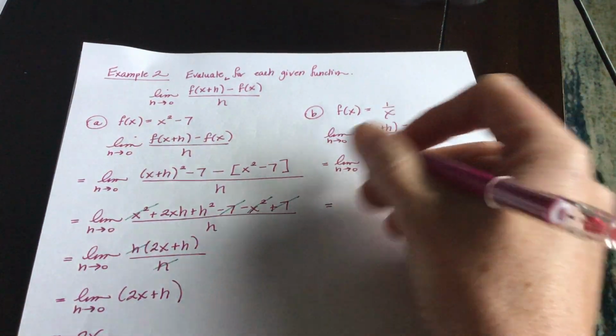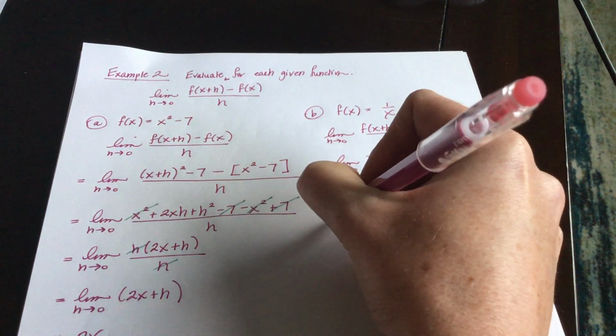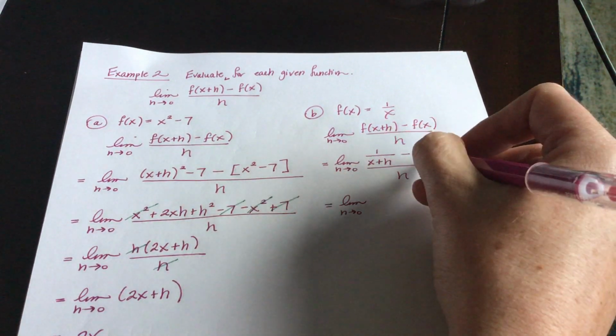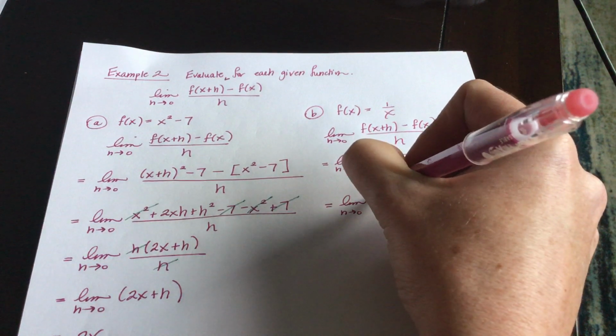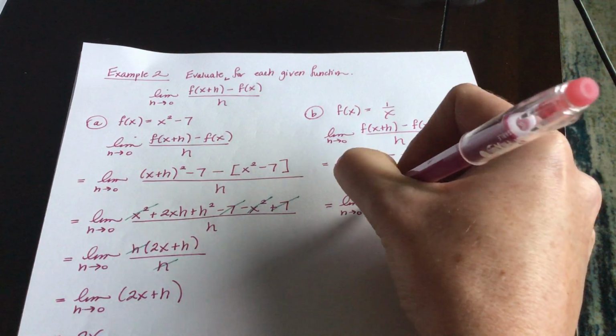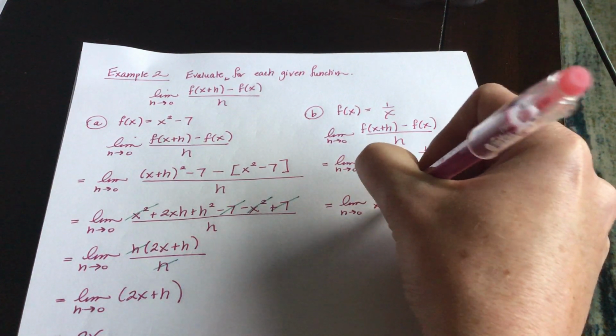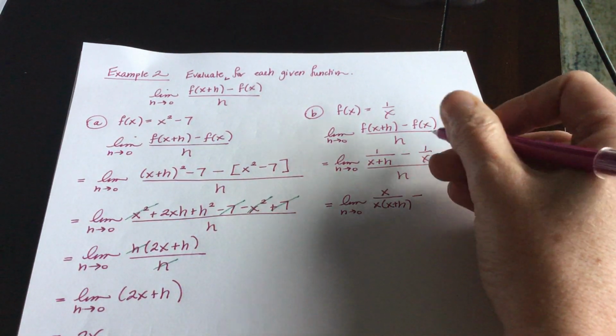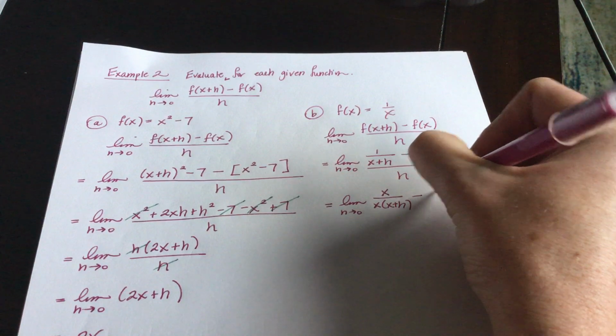Common denominator on the top, this falls under the category of simplify. So we're going to multiply this fraction by x over x. So we'd have x over x times x plus h minus, we're going to multiply this fraction by x plus h over itself.